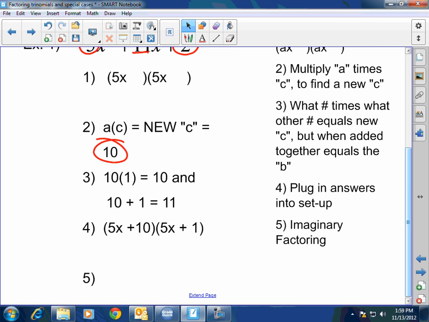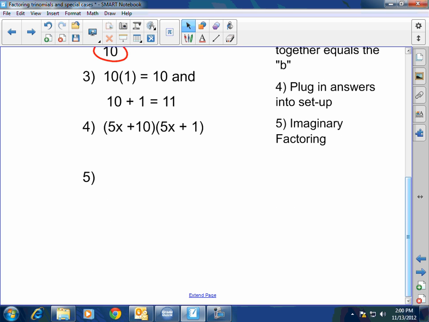Now, step 5 says imaginary factoring. The reason why I say imaginary. Guys, if I factor a GCF out of something, don't I have to put the GCF outside of the leftovers? Right? Well, in this particular case, and only this case, because this is a trick, you're going to artificially, imaginarily factor the GCF from any of the terms if possible.